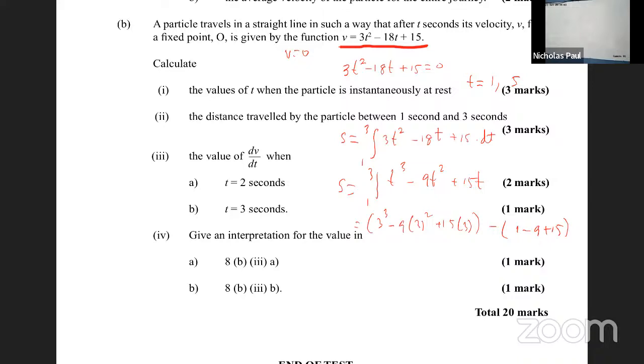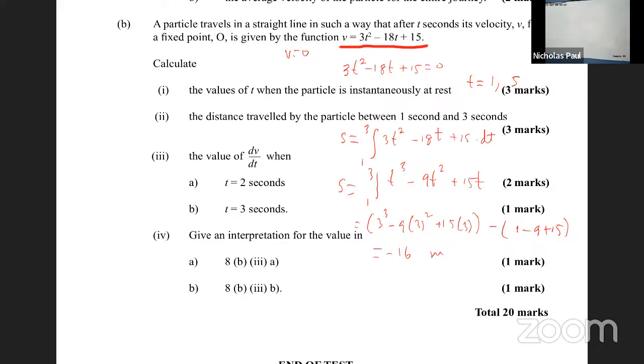How much? Minus 16. So the distance traveled as far as we see in there is 16 meters. What did you all get for the first one?